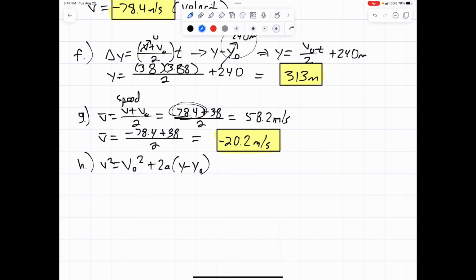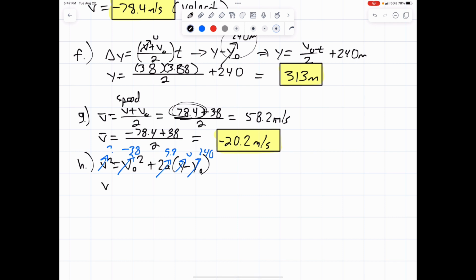Okay, this is my unknown, what I'm looking for. This is going to be 9.8. y is 0. Actually, v naught is going to be negative 38, and then y naught is 240. So that's what I'm plugging in.